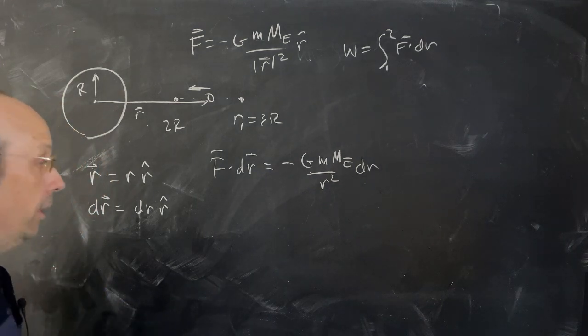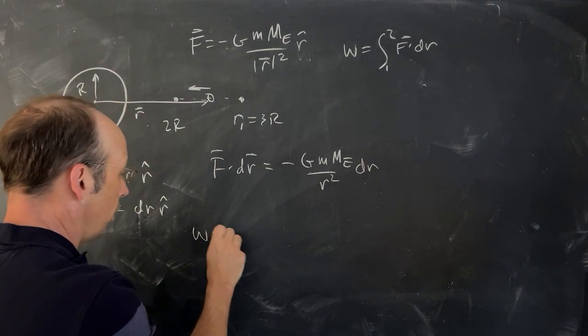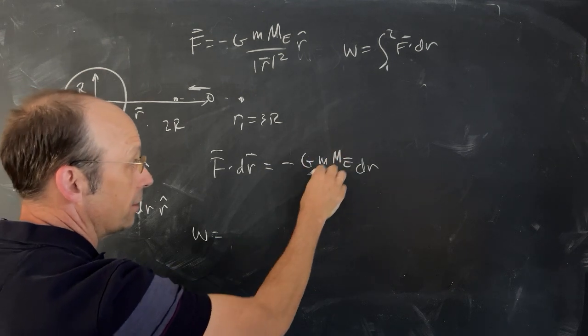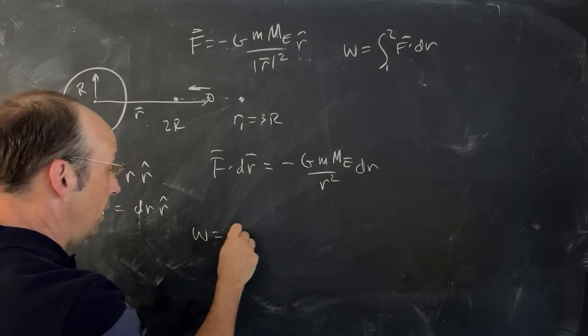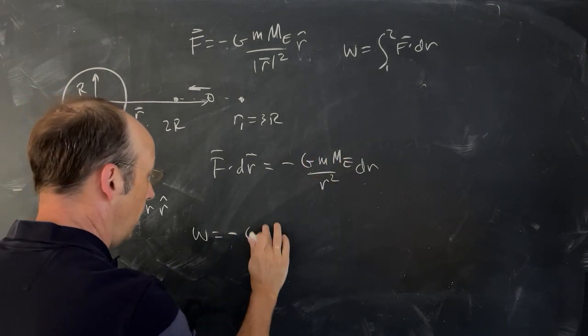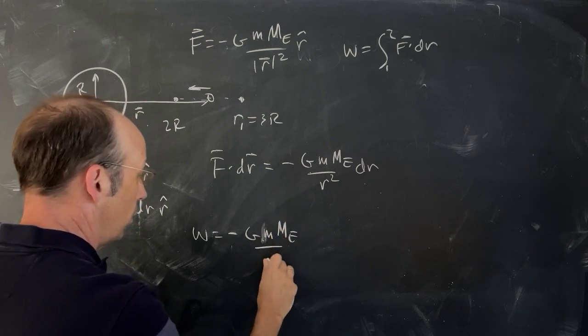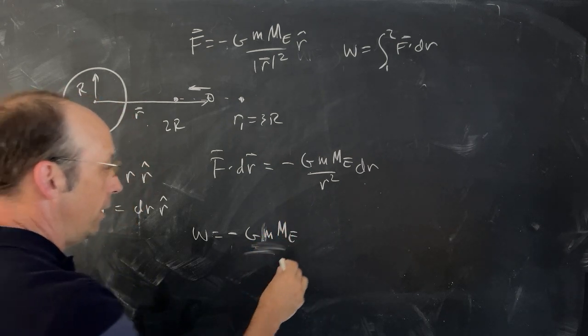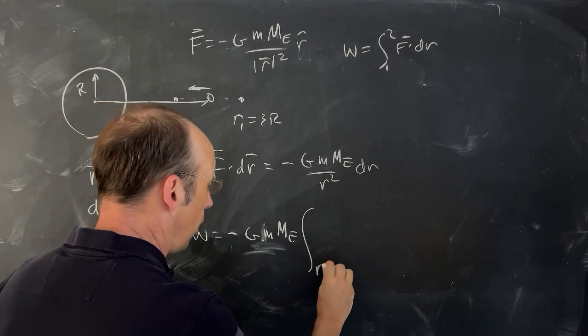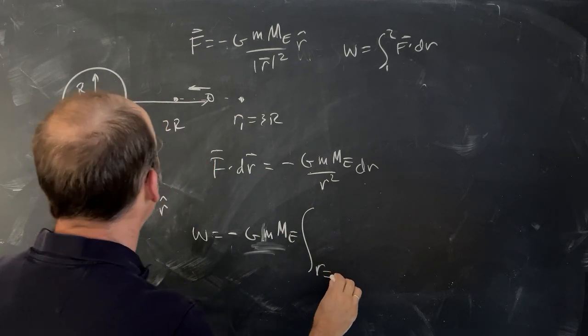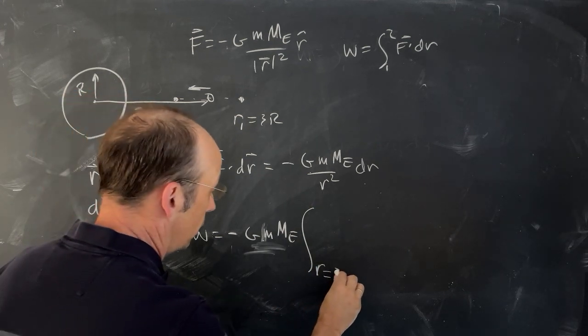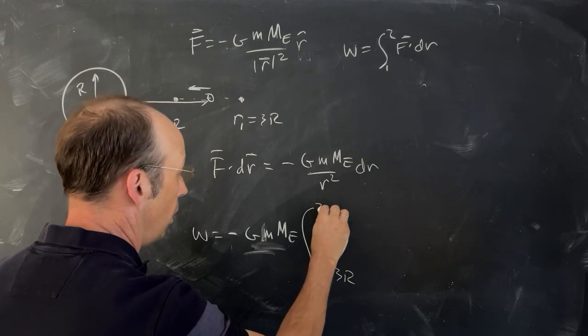Now I can integrate. Work is, I'm actually going to pull all these constants out front because we can do that. Negative G mass of the object, mass of the Earth, I got to leave the r in there, from r equals 3R to 2R, right?